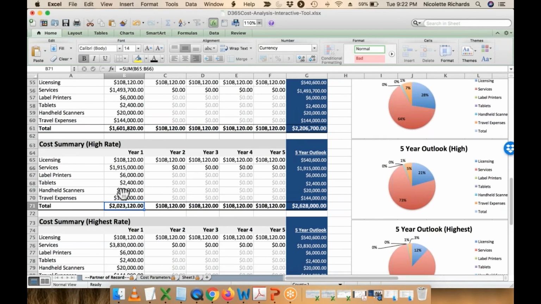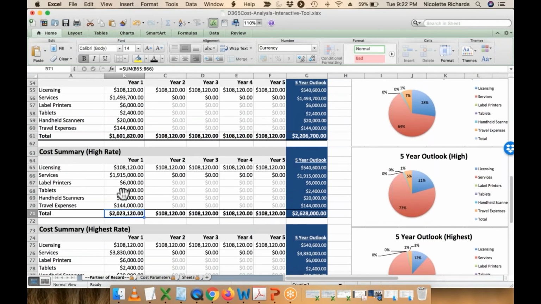I also have consultants, because we talk about on-site visits. Based on the cost parameters, we're estimating about $1,500 per on-site visit when you factor in airfare, hotel, per diems, rental cars, etc. So we take that into consideration too.